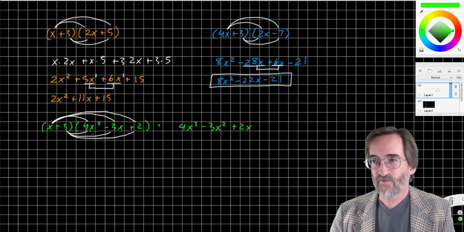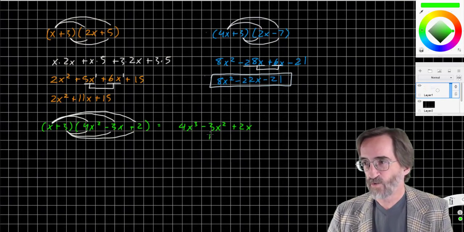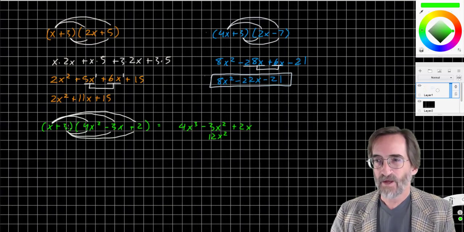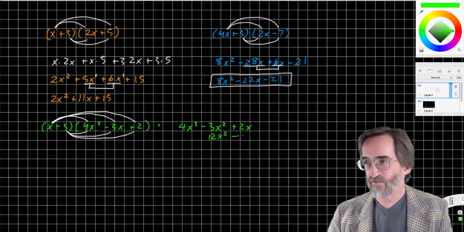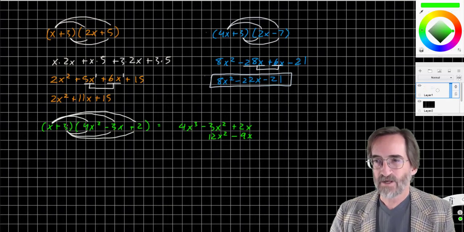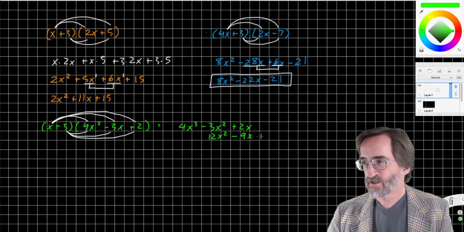3 times 4x squared is 12x squared. Notice I'm writing it below the negative 3x squared. 3 times negative 3x is negative 9x. And notice I'm writing it below the x term, the 2x. 3 times 2 is 6.